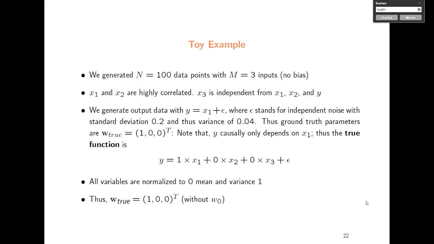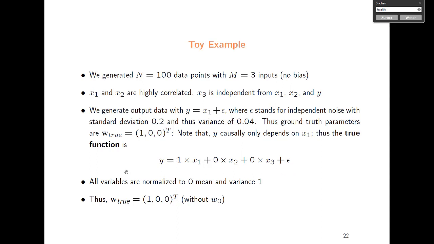So only the first input is responsible for the output, and the others should not have any influence. So the true function is the way it is generated: y is x1, no contribution from x2, no contribution from x3, plus some noise.